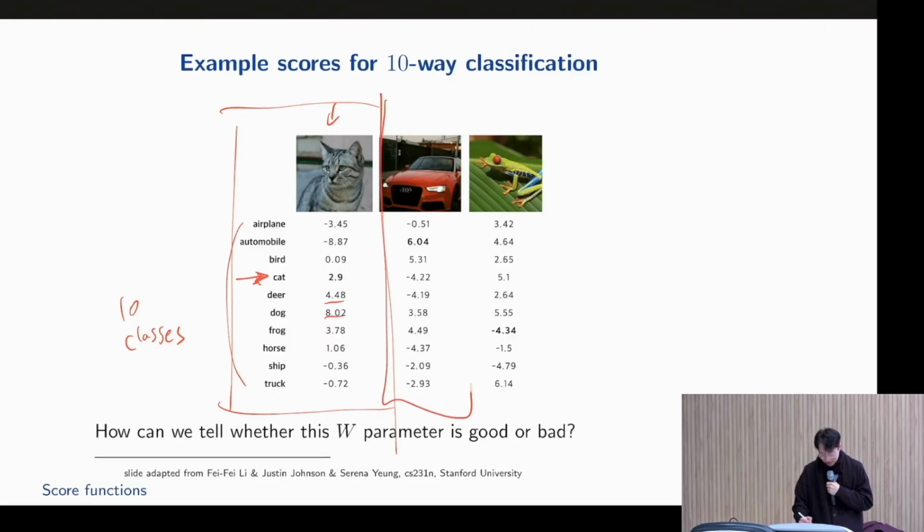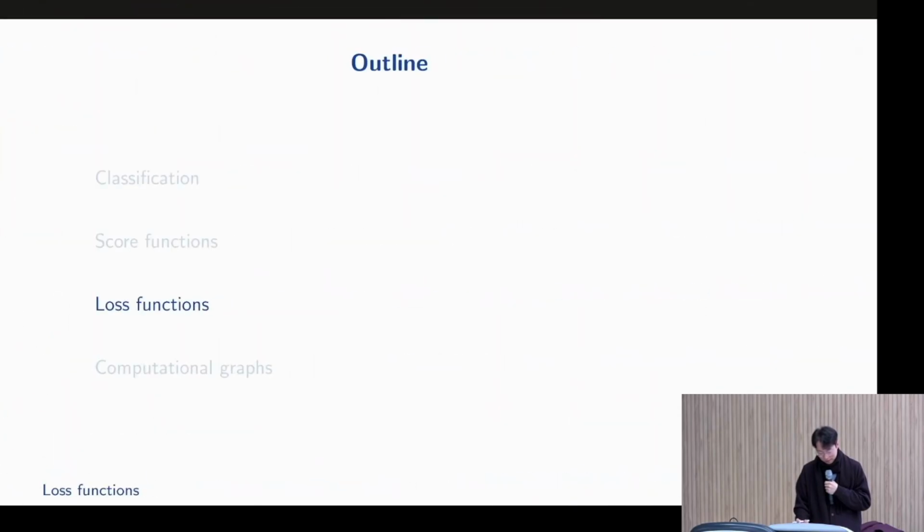In this example, the score for automobile is higher than all others, so this is good, and so on. Okay, so we showed you a very simple parameterization.